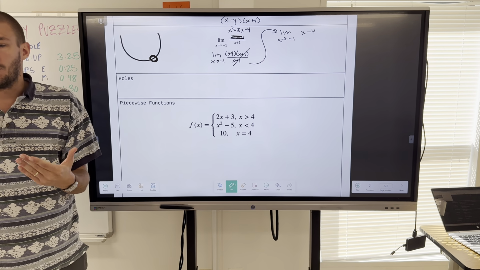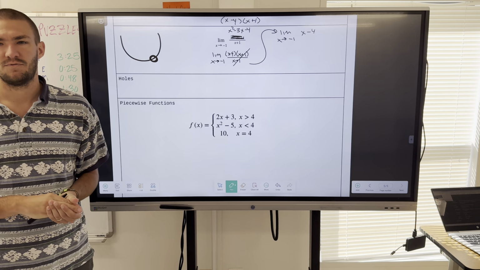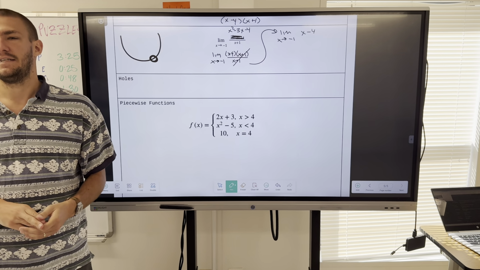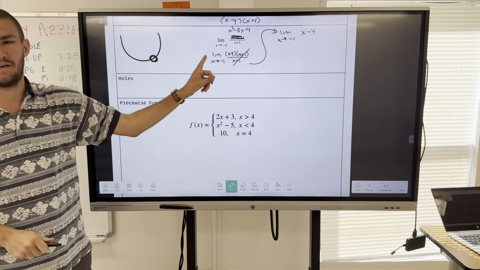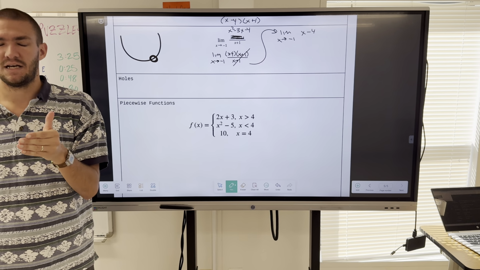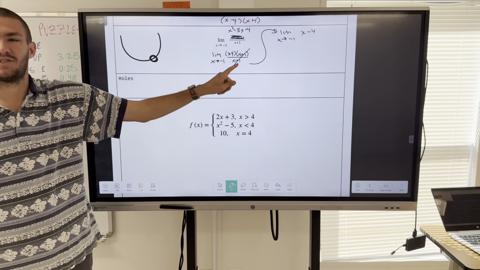At this point, we're always gonna ask the question, Mr. Collier, do I have to write limit over and over and over again? Yes, definitely. You have to write the limit as x goes to -1 every single time, because if you don't write that, you're not allowed to cross off the holes.